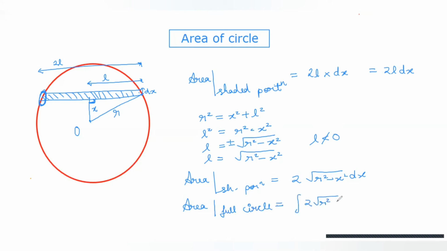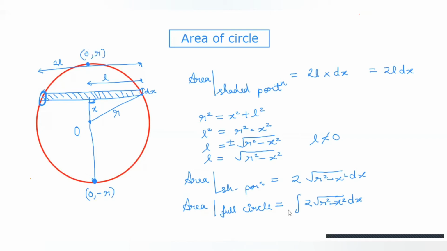Now what will be our limit? Since our integrating variable is x, we'll put the limit of x only. So x will go from this point to this point. If we consider O as origin, this point becomes 0 comma minus r and this point becomes 0 comma r.